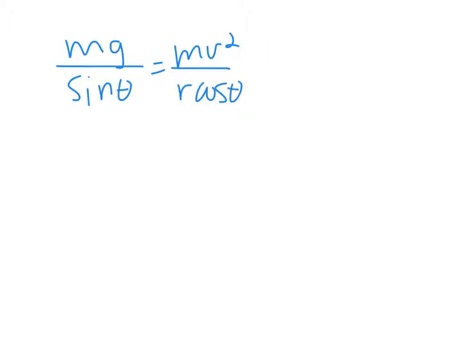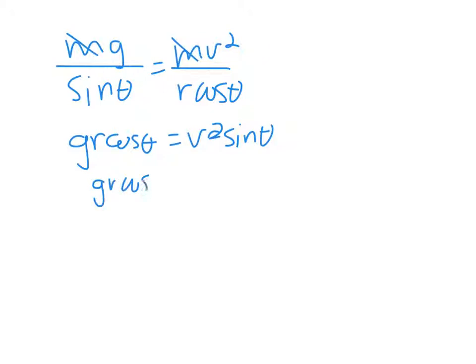So mg over sine theta equals mv squared over r cosine theta. You're going to notice that again the mass cancels out, it doesn't matter. So g r cosine theta equals v squared sine theta. g r cosine theta over sine theta equals v squared.